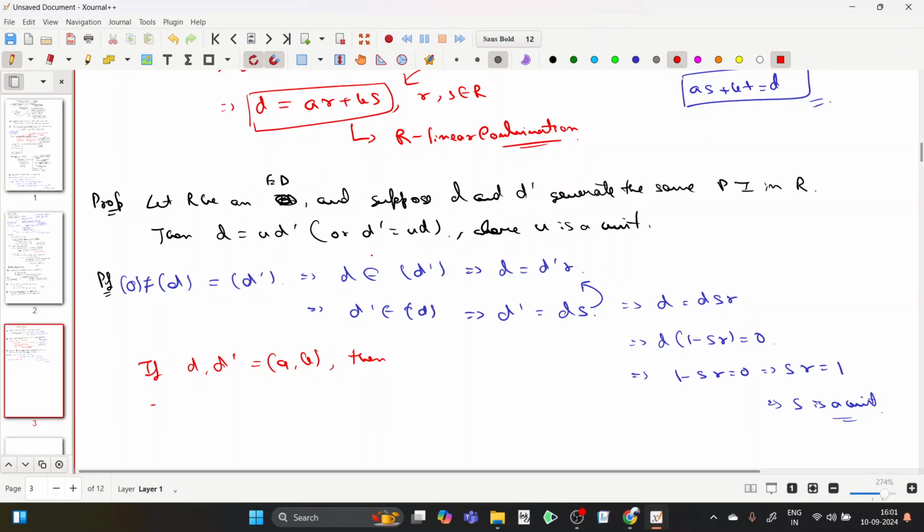Or you can say it in this way as well: recall the conditions which we had provided when we talked about the definition of a GCD in terms of ideals, right?